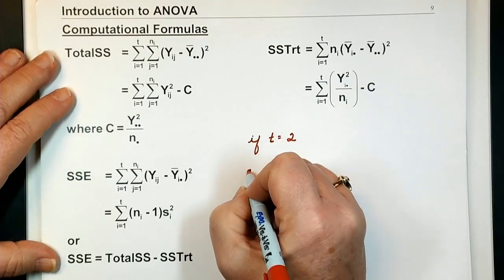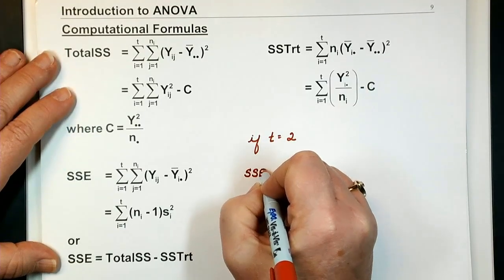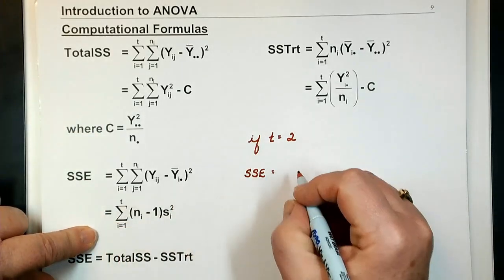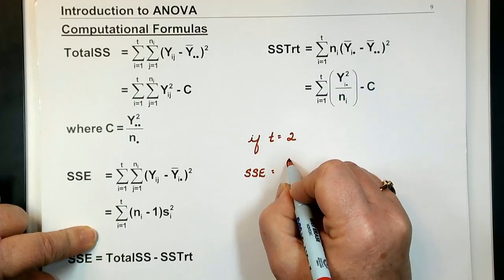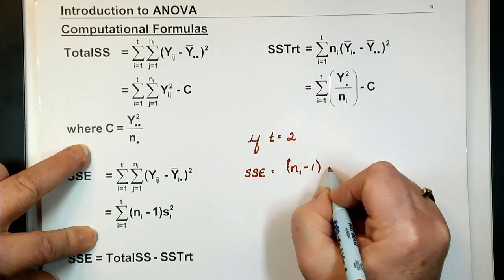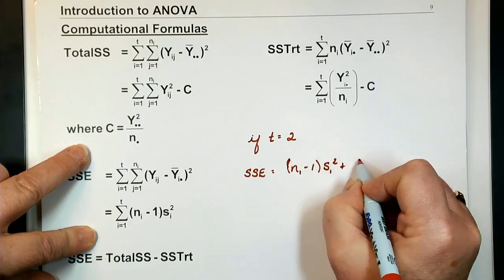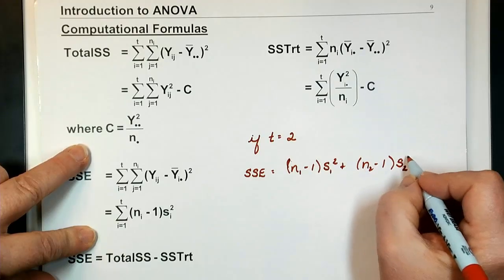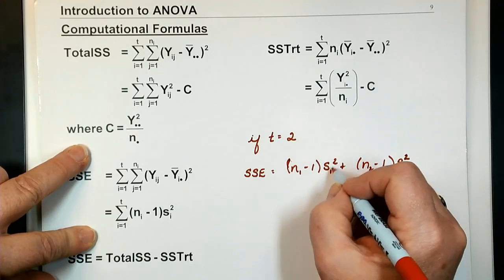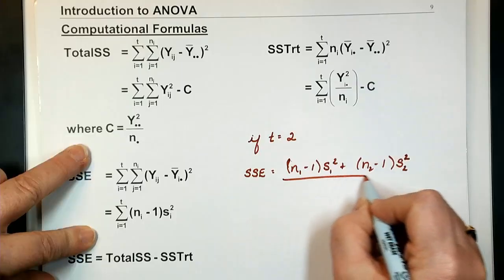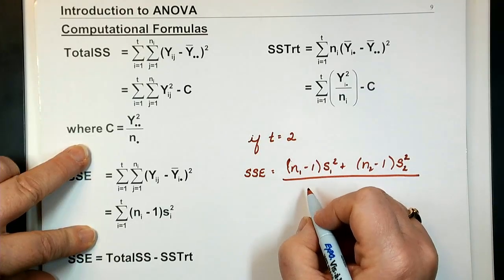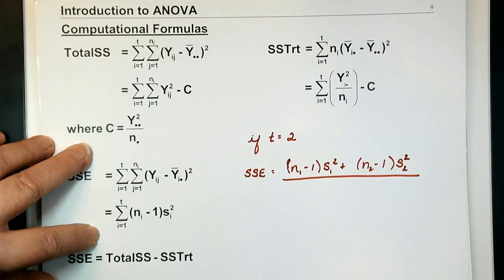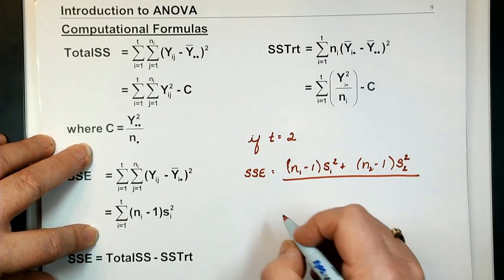The sum of squares error, using this bottom line down here, would be (n1 minus 1) times s1 squared plus (n2 minus 1) times sample 2 variance squared. Then divide this by nothing yet, because that's sum of squares. Divide it in the next line, sorry.